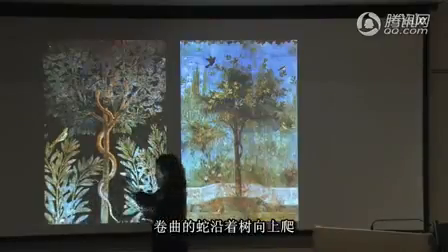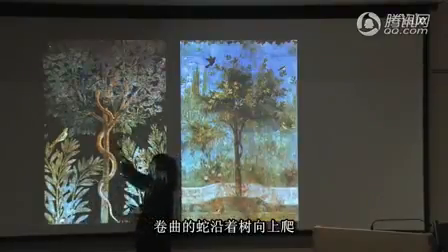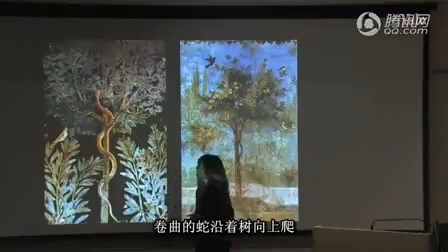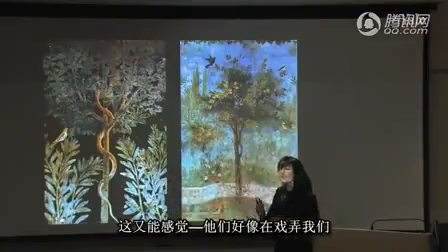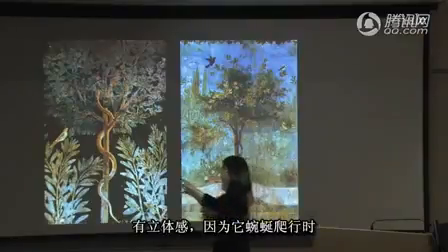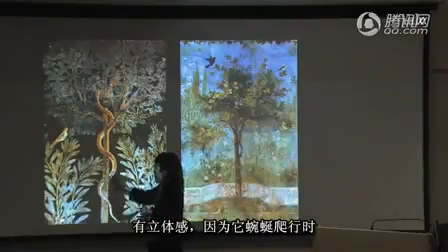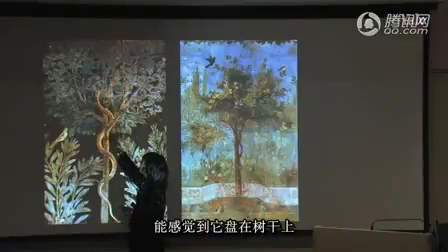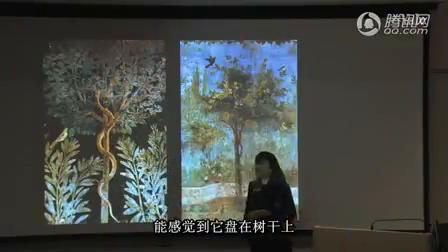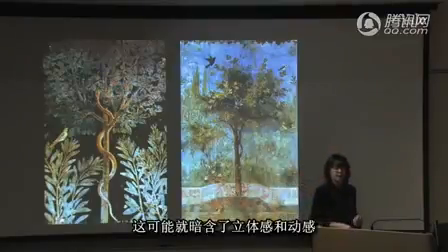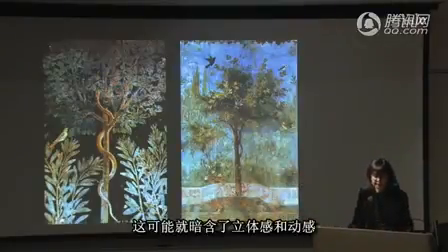The sinuous snake that makes its way up the tree, you have some sense again of this, and they're teasing us here, there's some sense of depth, because as it slithers all along here, you get the sense that it is intertwining itself with the trunk of the tree, so that maybe there's a hint of some depth and some motion there.